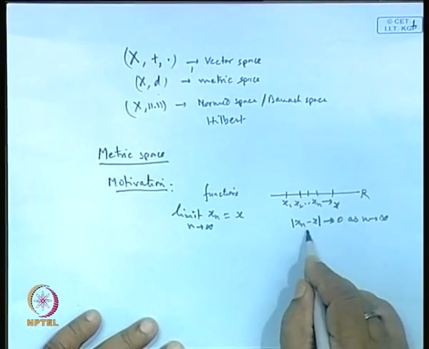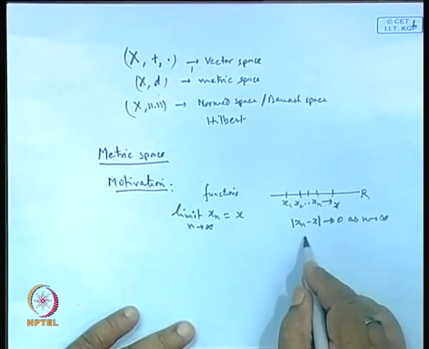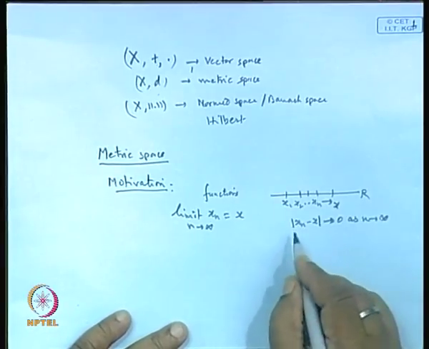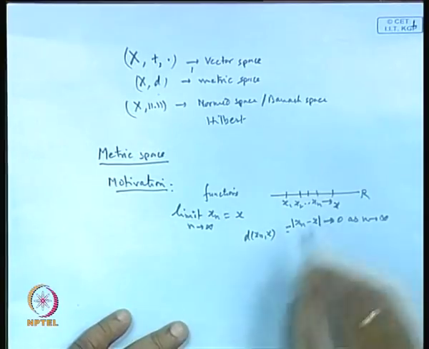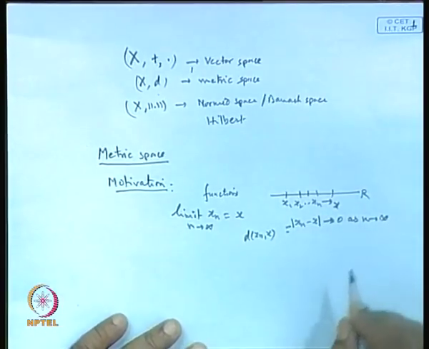Now, this absolute difference between the two points is nothing but the usual notion of distance over the real line.